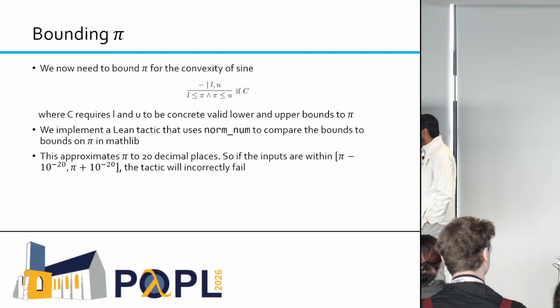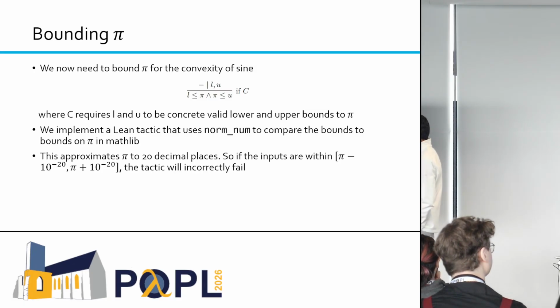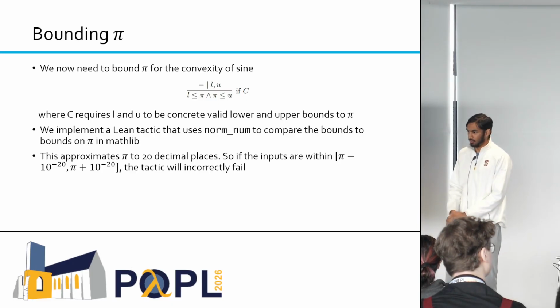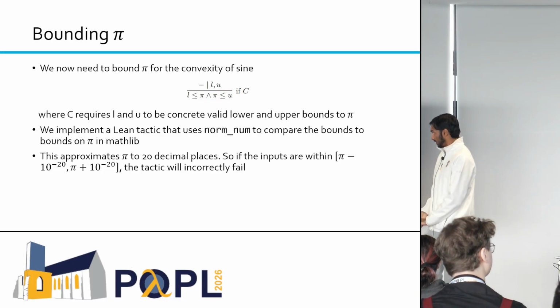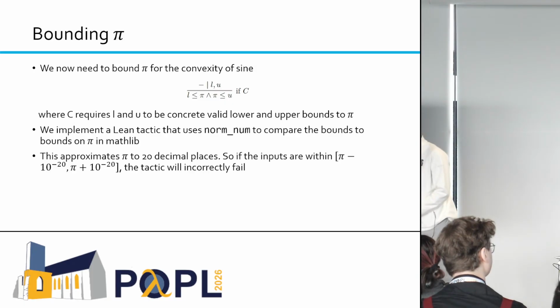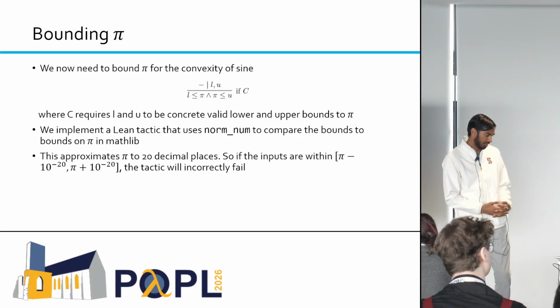If your L and U are inside this interval, which is within 10 to the negative 20 of pi, then the tactic will incorrectly fail. One thing we could do for future work is improve this approximation so that this interval size decreases.